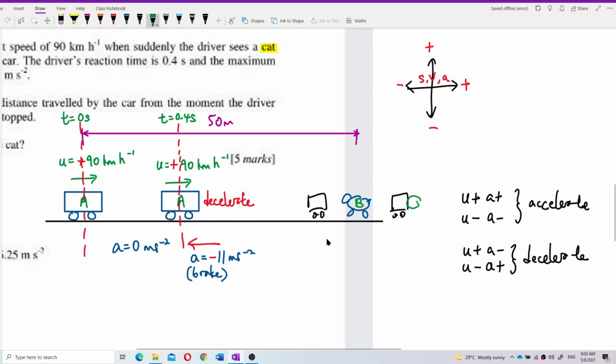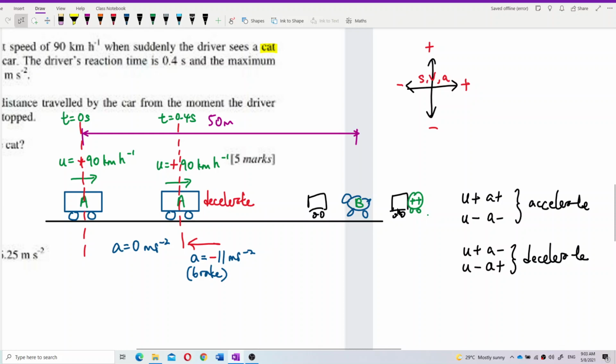How pity, yeah? Bang the cat, and then it is dead. Maybe I draw a cat, but it is dead. Okay, this is the cat. So we don't know where the car will stop. Is it stop in front of the cat or behind the cat? If it stops behind the cat, it means it will bang the cat.